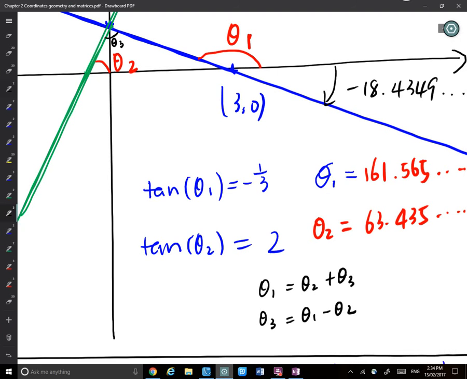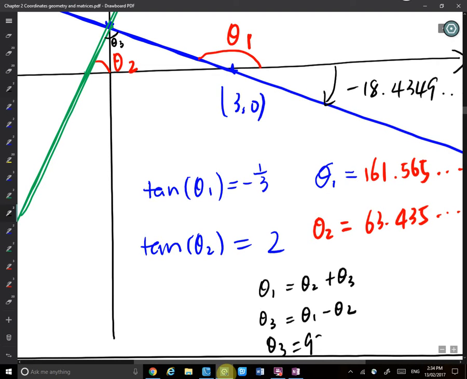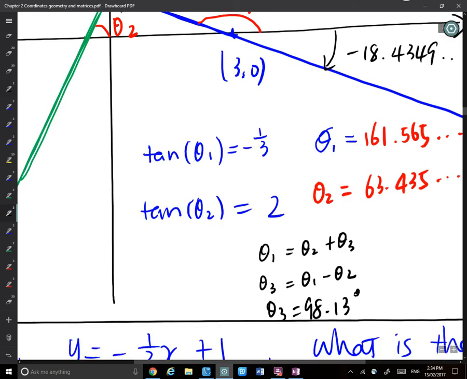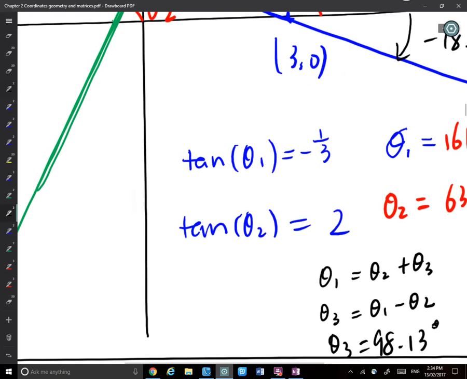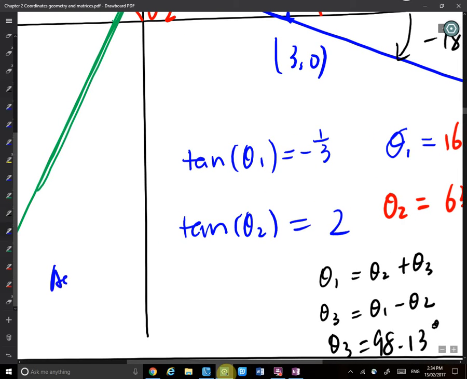So I have 98.13 degrees. Let's round it to 2 decimal places. So 98.13. But that's not the acute angle, because it's over 90 degrees. So you will say the acute angle is 180 degrees minus 98.13 degrees.